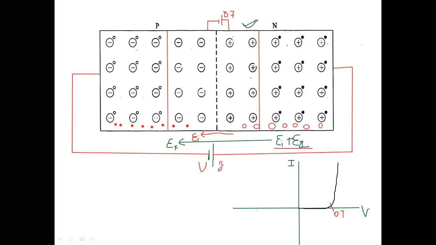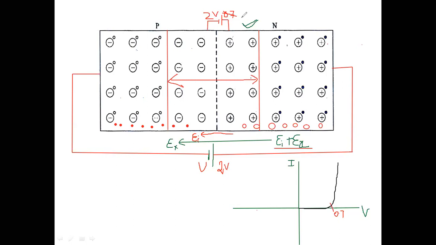Let us suppose I am applying 2 volts. So the voltage here will be 2 volts, meaning the junction width here is dependent on this external voltage.